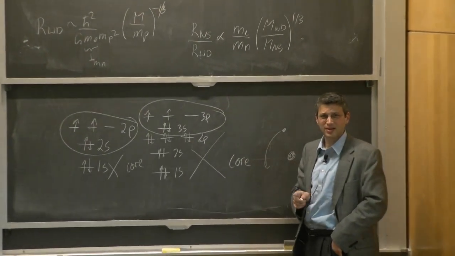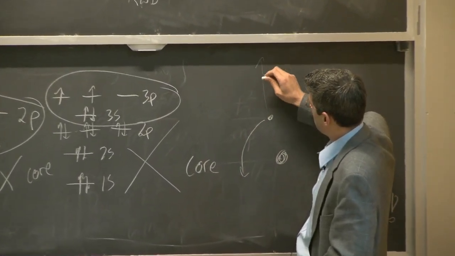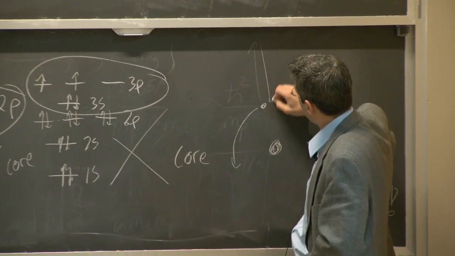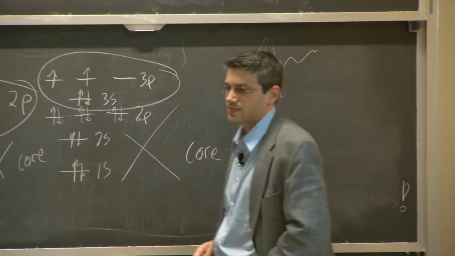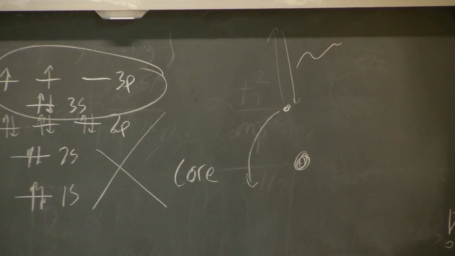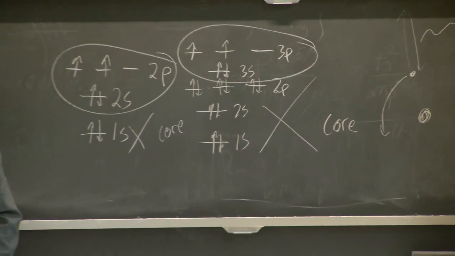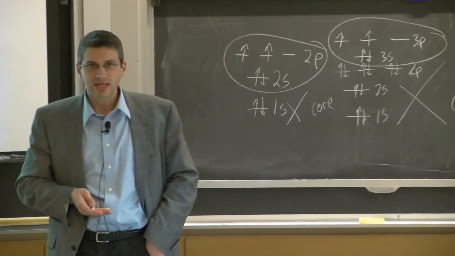That's not orbiting, but we're going to say it's orbiting. And you excite it up in energy, and then it goes back down. It emits light. And so you can look out into the world, which is a whole lot of hydrogen, and you can say, well, what kind of light do I see?